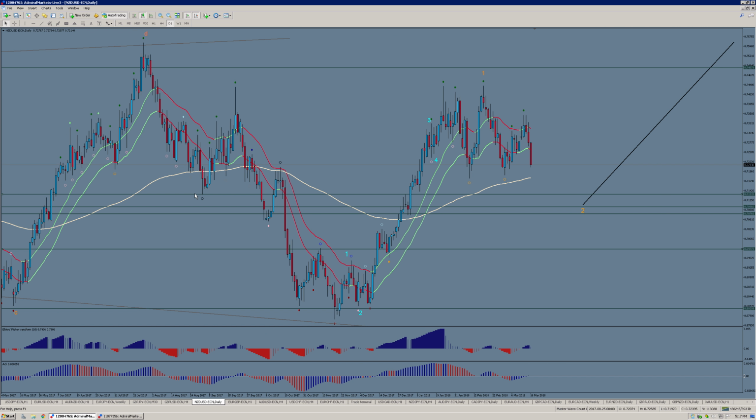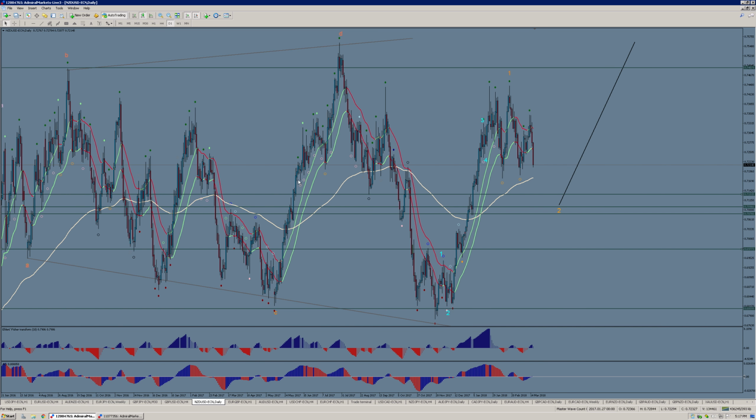You might want to also highlight some key support levels, which is what I've done here, because these horizontal levels are so important. If you think about it, a chart obviously has the vertical axis as the price axis.